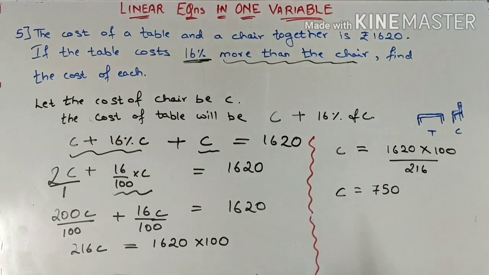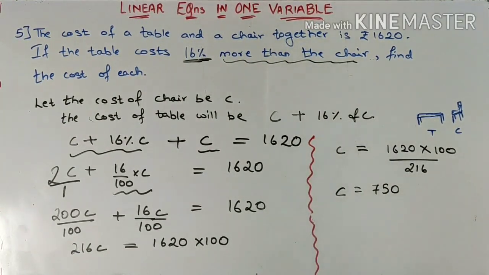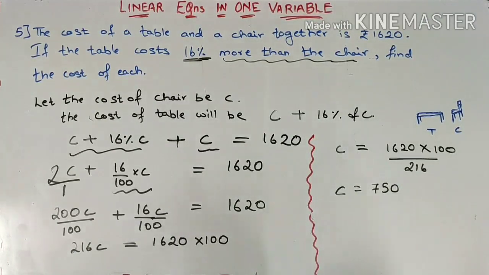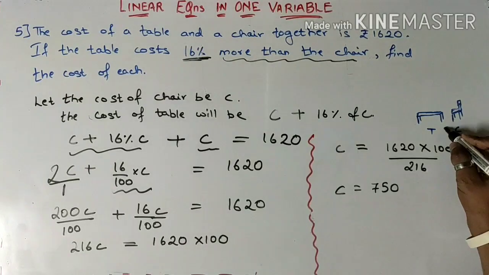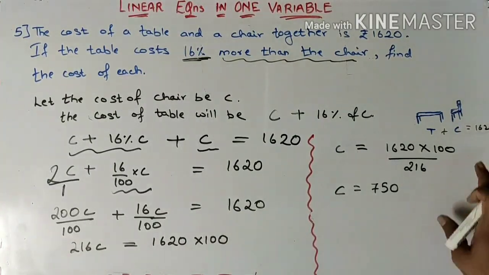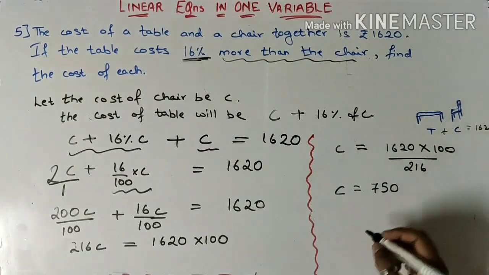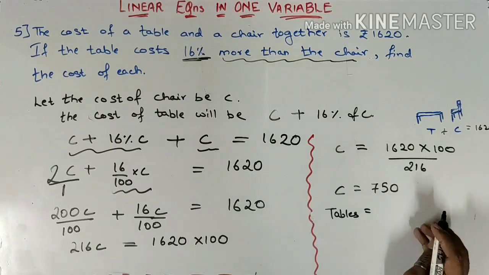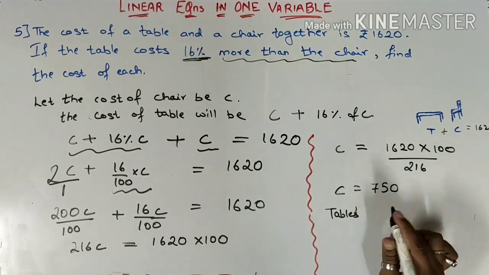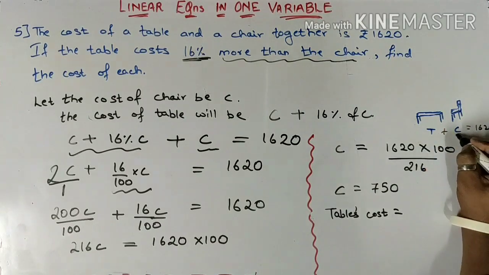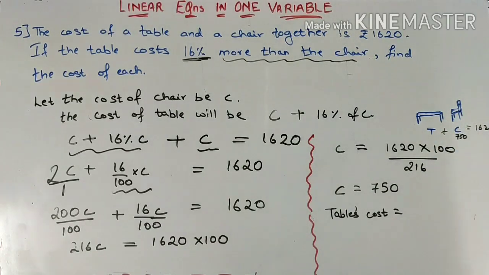So we have the cost of the chair as rupees 750, but now we are supposed to find the cost of table. But we know that the cost of table and chair together gives me 1620. So what will be the cost of table alone? So table's cost will be, this is known to me, 750.